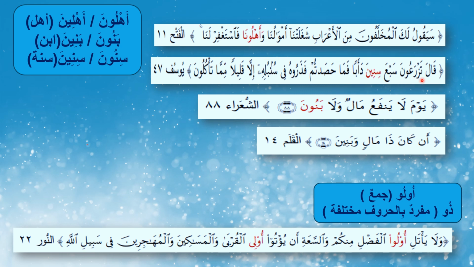And in the next example قال تزرعون سبع سنين. So this is سبع سنين. It's in the number rules. So سبع and سنين, the ma'dud is in plural form. And now سبع سنين دأبا فما حسدتم فذروه في سنبله إلا قليلا مما تأكلون.